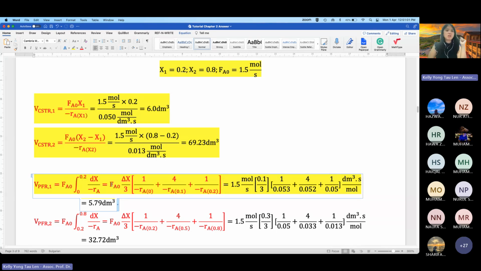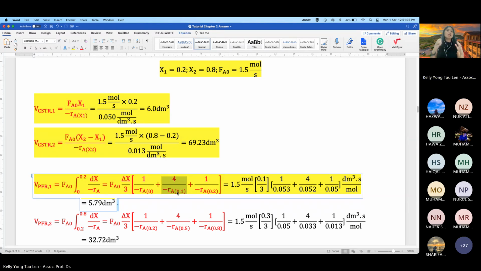It becomes FA naught delta X per 3 in bracket 1 per minus RA when my X is 0, plus the last point 1 per minus RA when my X is 0.2, and the middle one will be 4 per minus RA when my X is 0.1, the middle X. Because your initial X is 0, your final X is 0.2, your middle X is 0.1.